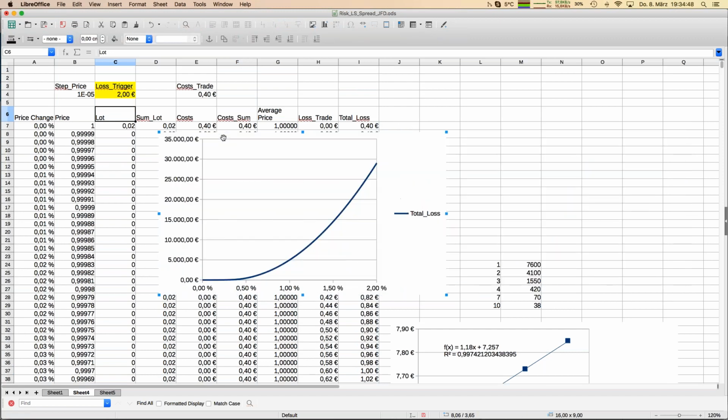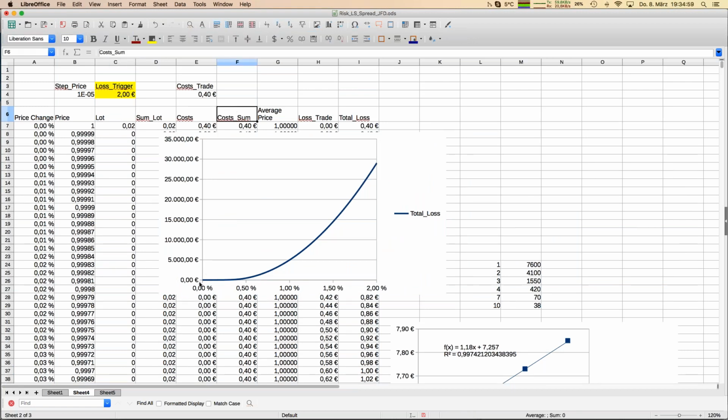And now you can clearly see how I derive my loss trigger, my rebuy level for those trade sequences. You see, if I would do it like this here, I would rebuy in case of a loss of €2. Then if my price goes finally 2% against me, then my total loss would be, whoops, nearly €30,000.